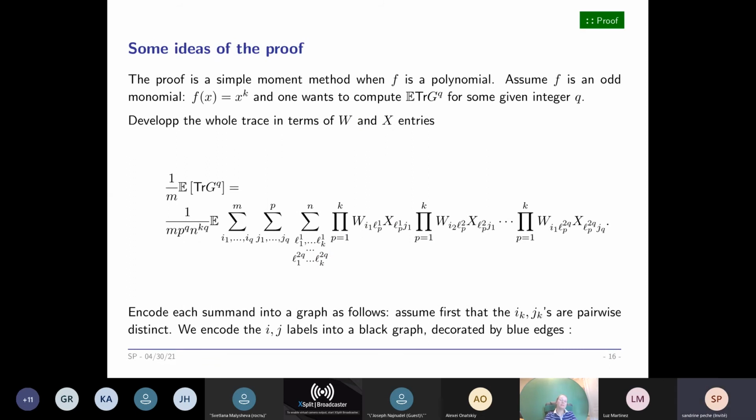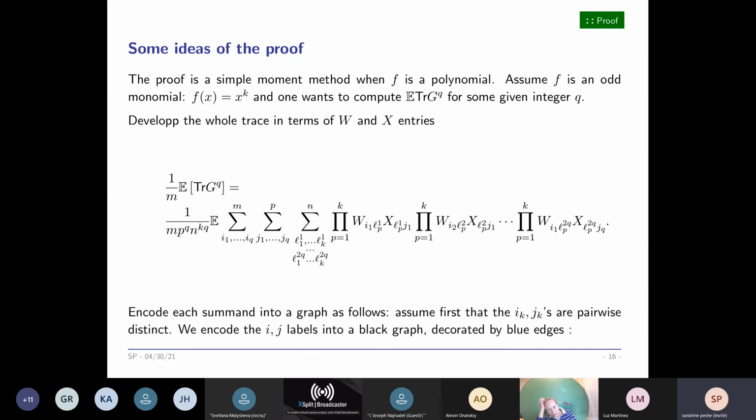So I will turn to some ideas for the proof of the universality result. I will come back to the idea of Pennington-Worah, and we use a simple moment method. Basically, we start with a polynomial function f.